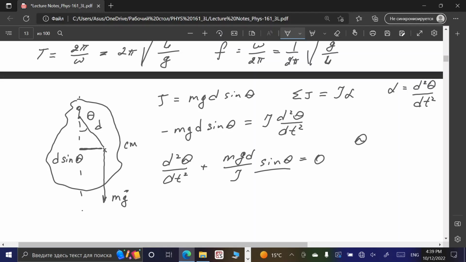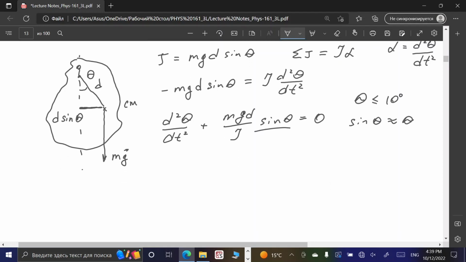We consider that theta is smaller or equal to 10 degrees. Then sine theta in first approximation can be replaced with theta, and we get the simplified differential equation, which is just a linear second order differential equation: d squared theta over dt squared plus mgd over I times theta is equal to 0.